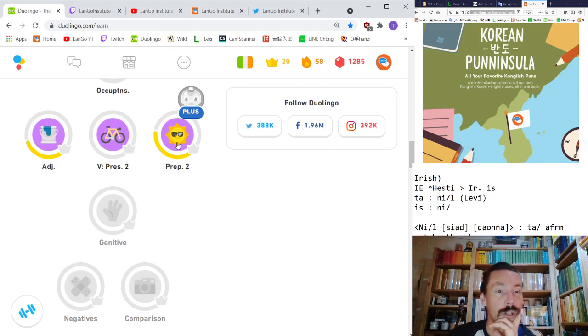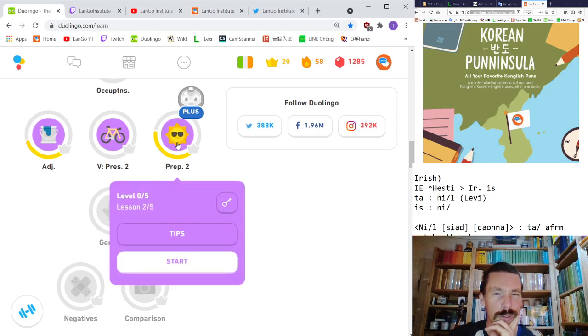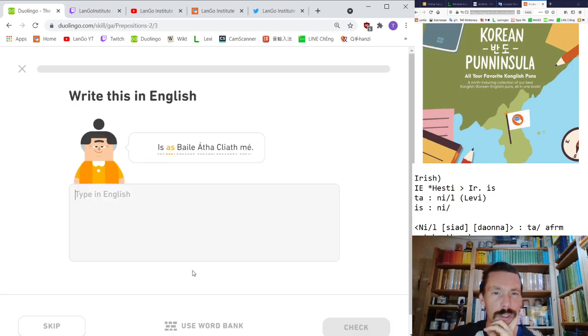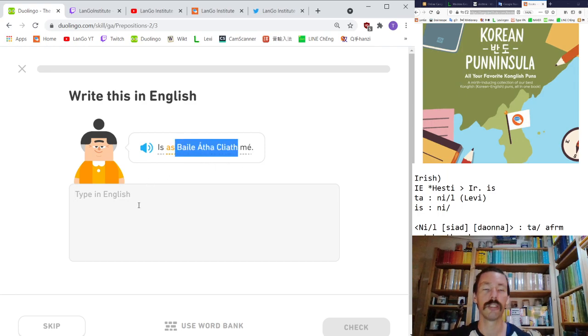So maybe that was adjectives. Now let's do some. It had some prepositions in it. Is as Baile Átha Cliath mé. Okay, we got an is one here. And it's not talking about, I mean, it's mentioning the place Dublin. But is, as the verb tells us, the permanent quality. It tells us that, rather.